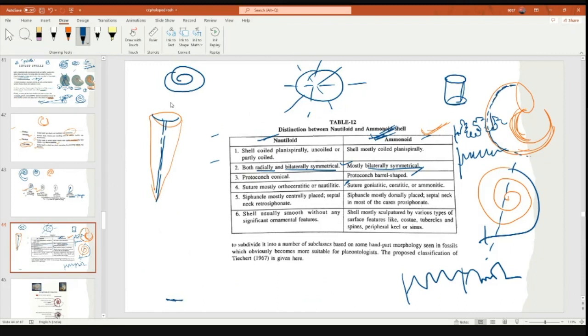Like this, they will be on the side, quite on the side of the shell, or quite at the ventral side, right? So these are the siphuncle. And what is the septal neck or retrosiphonate? Retrosiphonate, guys, remember retrosiphonate. So in the retrosiphonate, the septal neck is pointing towards the protoconch.